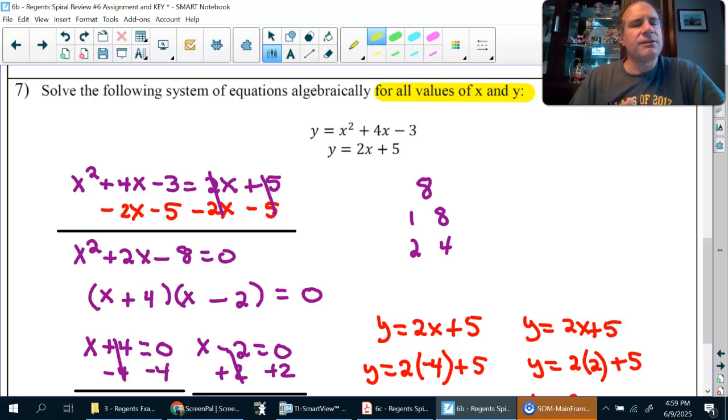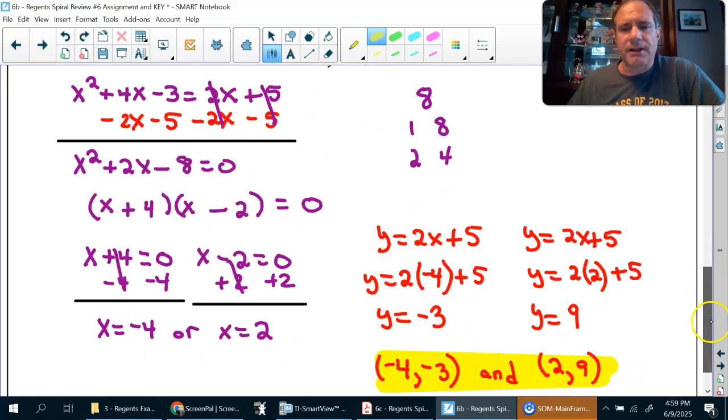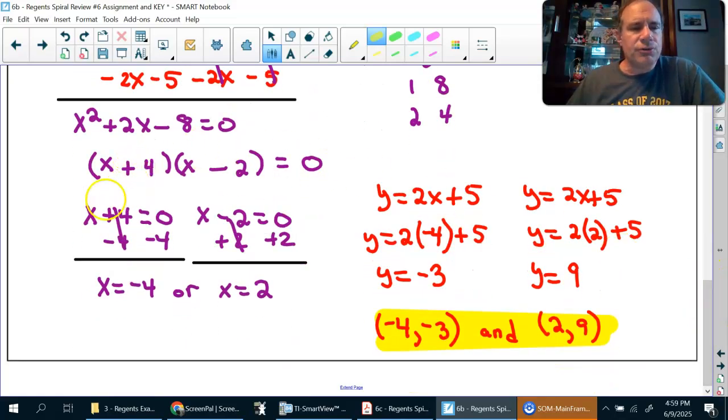You could try to factor it into two binomials, just like I did here. Then use the zero product property to set each binomial equal to 0 and solve. Then you substitute back in to get each y. Just be careful. Write the x that you're substituting in first, and then the y that comes out as the output. All right, and that is it.